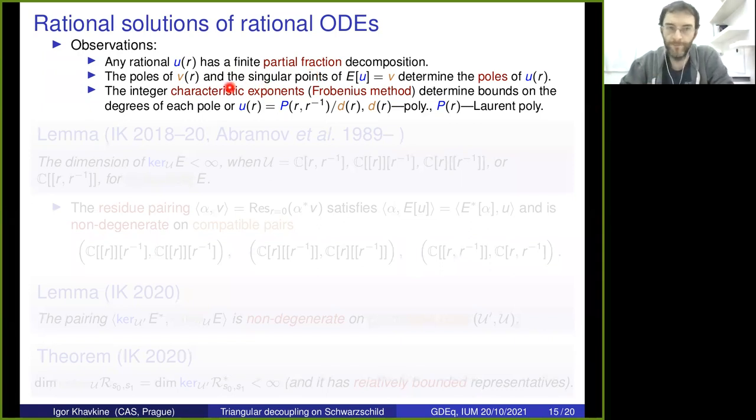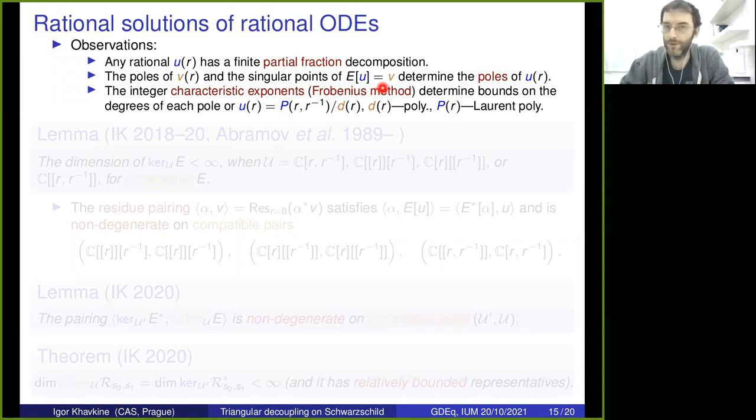There are finitely many of them. Well, it turns out that if you look at a rational ODE with a rational right-hand side, and you look for rational solutions, then the locations of the poles of the rational solution are actually determined by the location of the poles of the right-hand side, and also by the location of the singular points, in the sense of Frobenius, of the equation you're trying to solve.